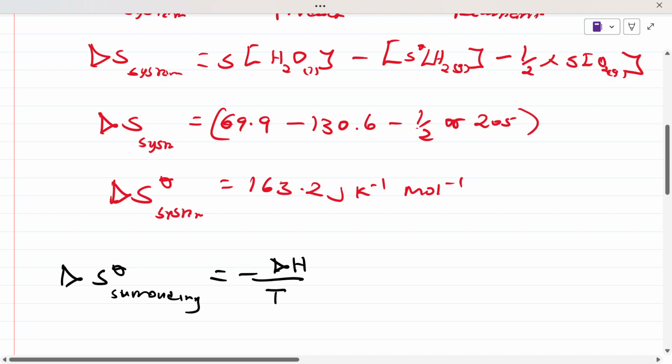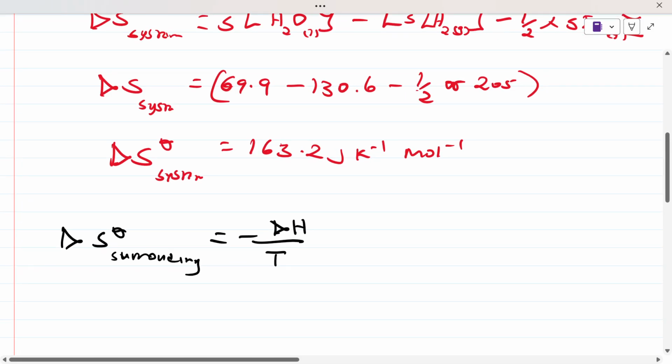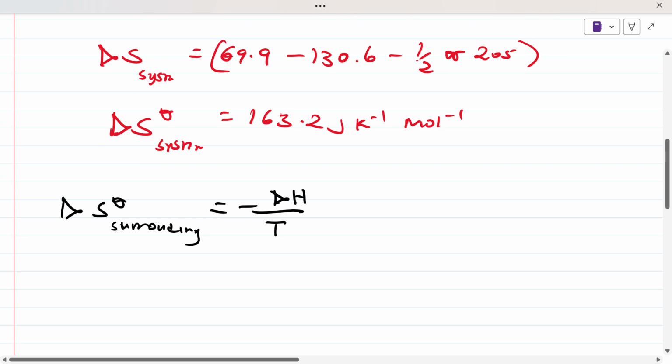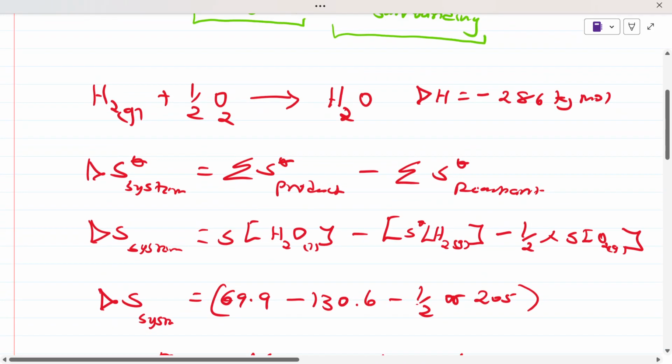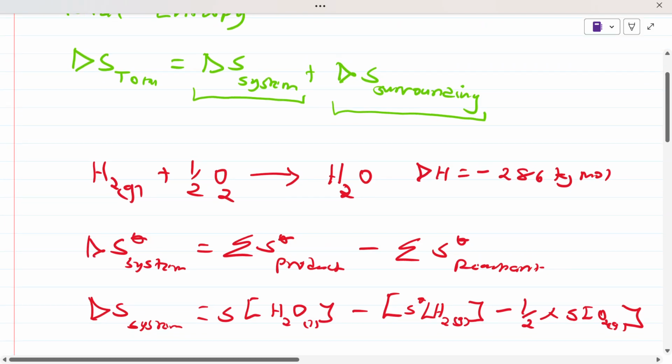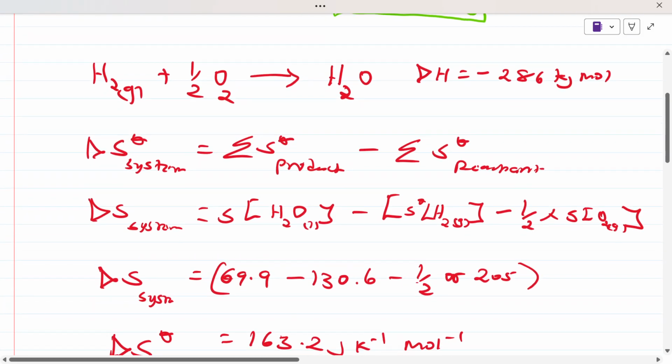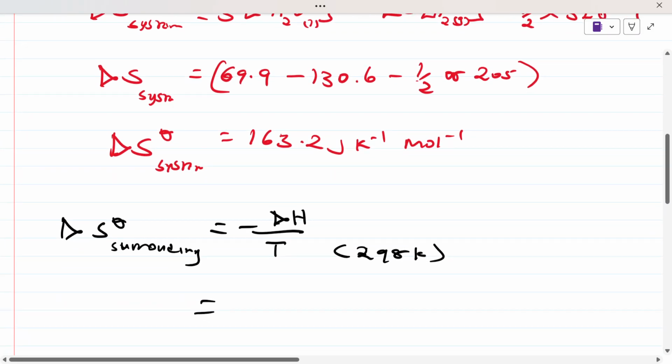And assuming that this reaction is taking place under standard condition, which is 298 Kelvin, I'm going to have the enthalpy for the whole reaction that was given to be negative 286 kilojoules per mole.